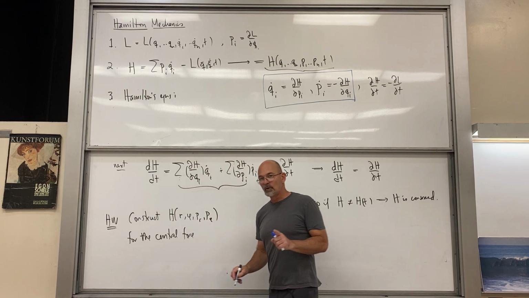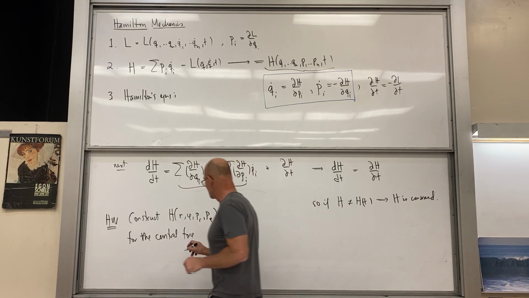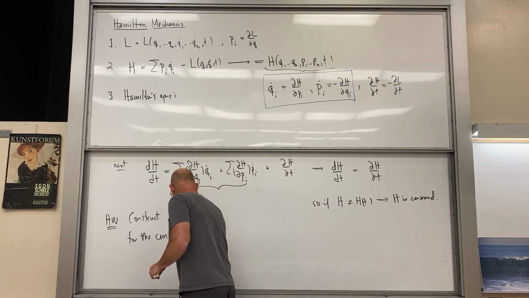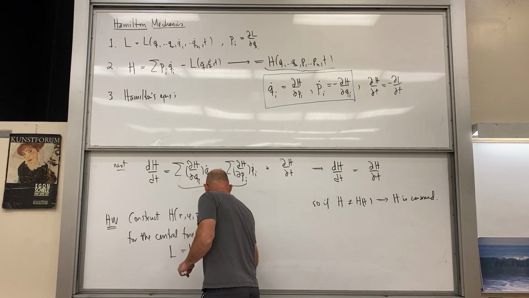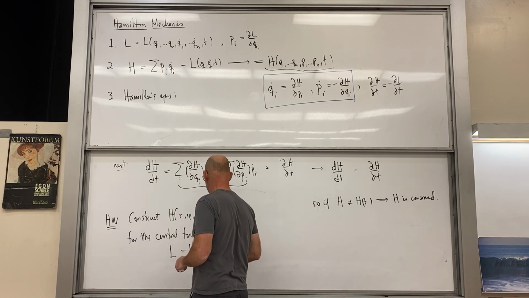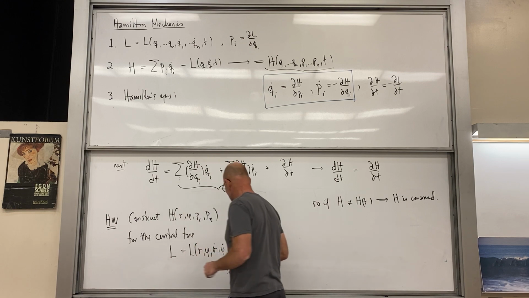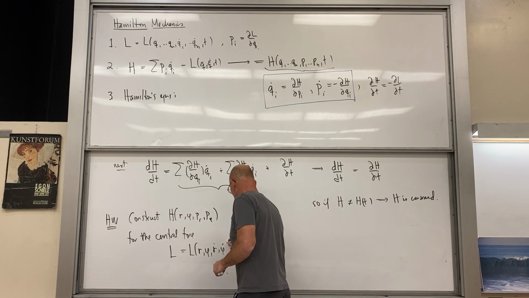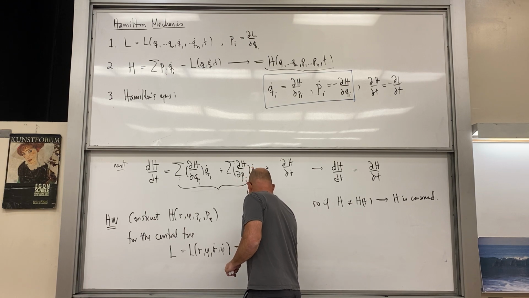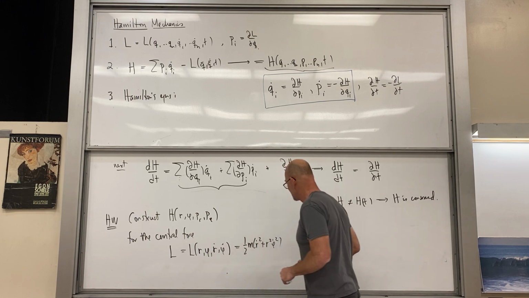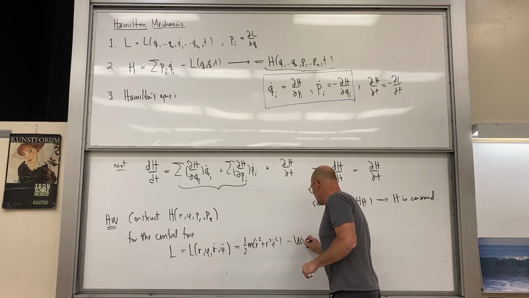And of course, for the central force problem, we know its Lagrangian. L is equal to L of r, phi, r dot, phi dot. What is that? That's one half m times r dot squared plus r squared phi dot squared, minus U of r.